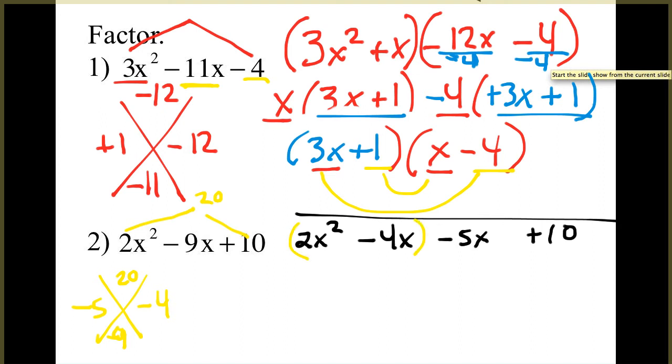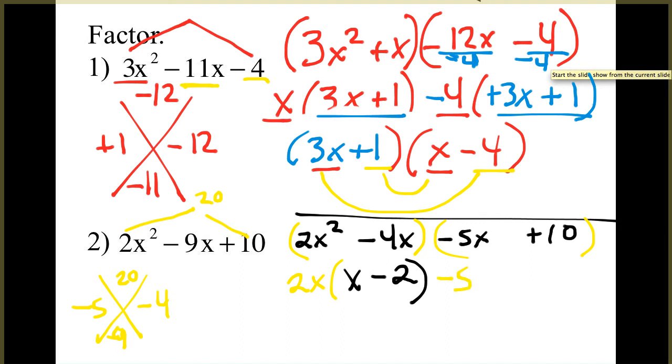Okay, factor by grouping. I'm going to divide out a 2x. And what I'm left with is an x, and here I'm left with minus 2. The next one, I'm going to divide out a negative 5.